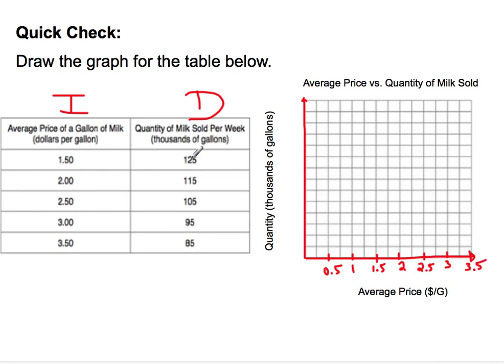And here I go from 0 to 125. So I am going to go, let's see, 5, 10, 15, 20, 25, 30, 35, 40, 45, 50, 55, 60, 65, 70. That's not going to work.